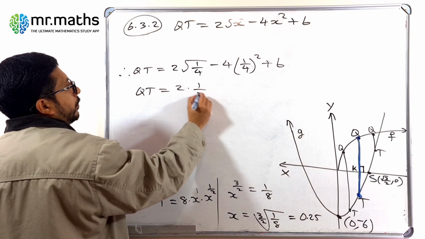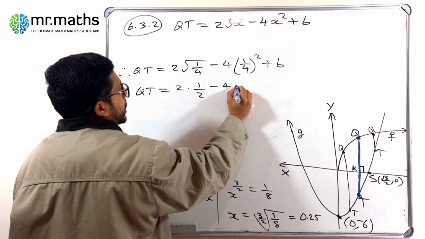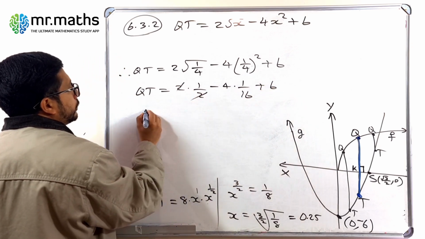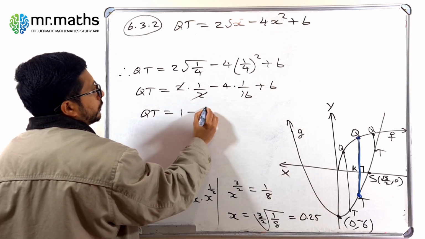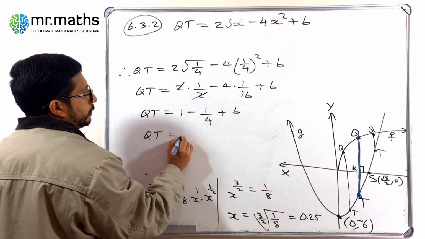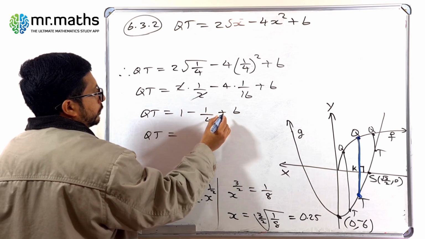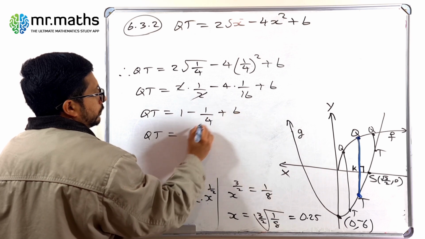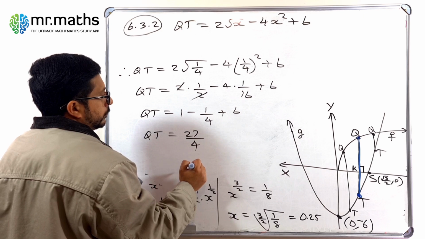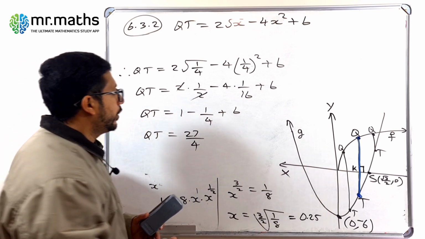So it is, don't worry about these steps. Yeah, qt is 27 over 4.